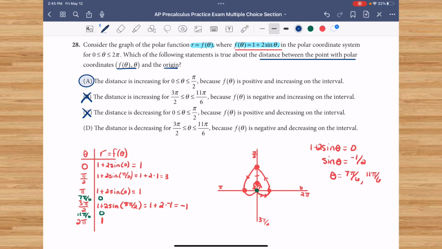So let's see if this is also a true statement. Because f of theta is negative, my values here are negative and increasing toward 0. Okay, so that's not true. If we're at a negative value and we're getting closer to 0, we're actually increasing. So that cannot be true either.